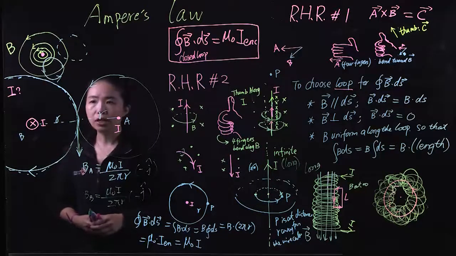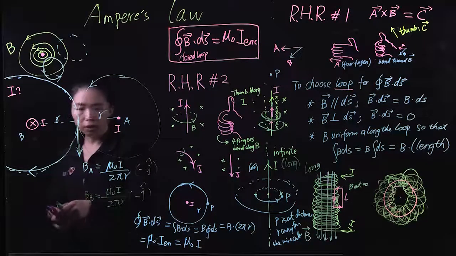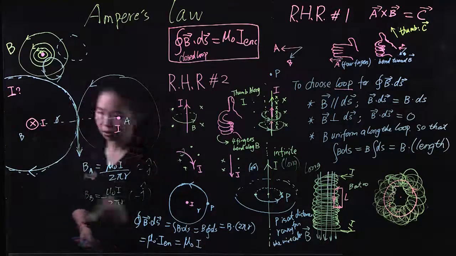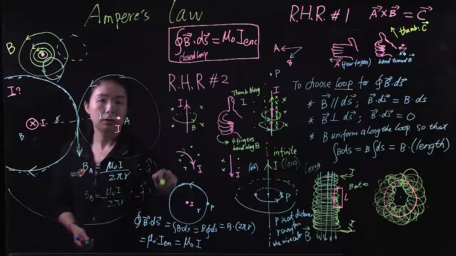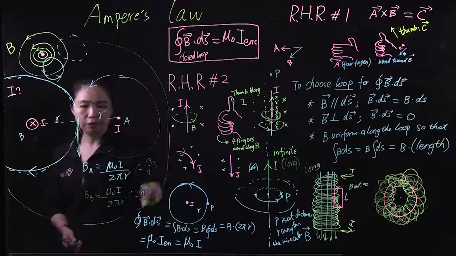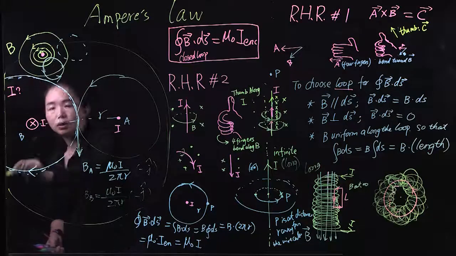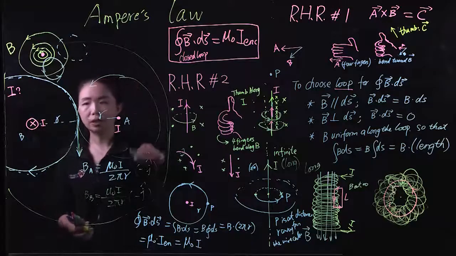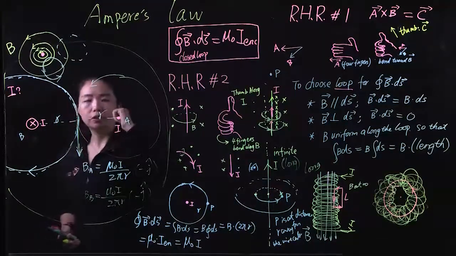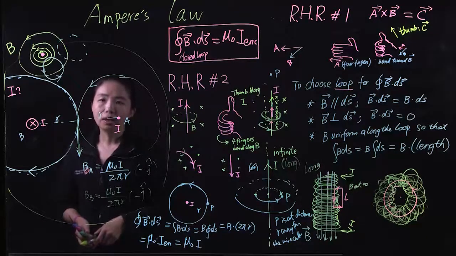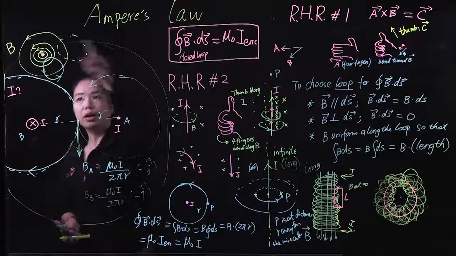So it is true that if you choose a bigger loop surrounding outside, the integral of B dot ds would be 0 for that big loop, because the amount of current penetrating the big loop is positive and negative. The two I cancel out. But that does not mean you are having a B field equal to 0 everywhere.